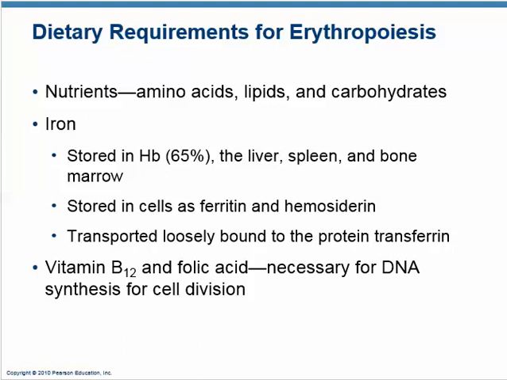When it's moving between, say, the liver and the bone marrow, or the spleen and the bone marrow, or the spleen and the liver, it attaches to a protein called transferrin, because that transfers the iron. Ionic iron is very toxic, so we have to transport it bound.